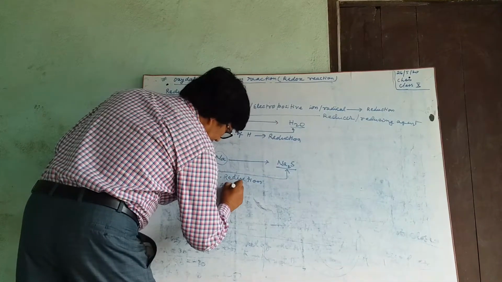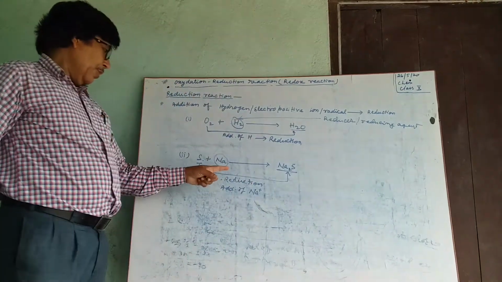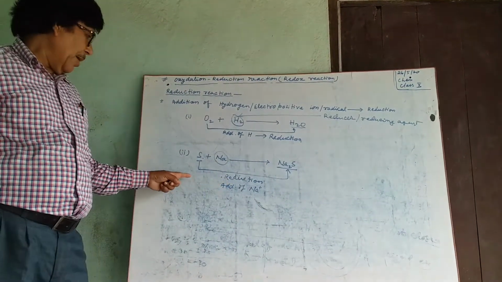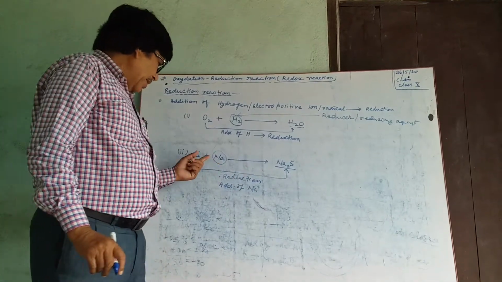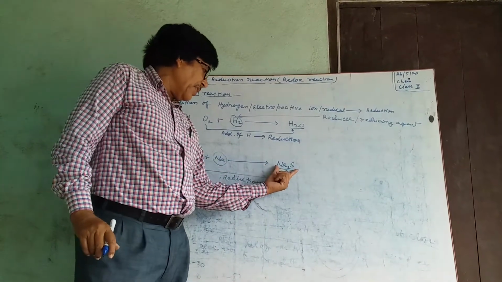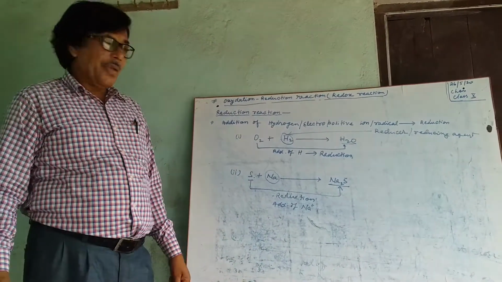Addition of sodium, an ion. Sodium is an electropositive element. Sodium is added to sulfur to form sodium sulfide. Therefore, the reaction is a reduction reaction.